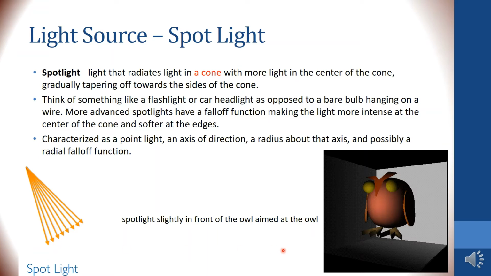Look at this figure. The owl is a 3D object, and they use a spotlight in front of the owl, aimed at it, to make the owl the center of attention. It highlights only this object, so the spotlight is put in a cone shape directly at the owl, the object in the computer graphic.